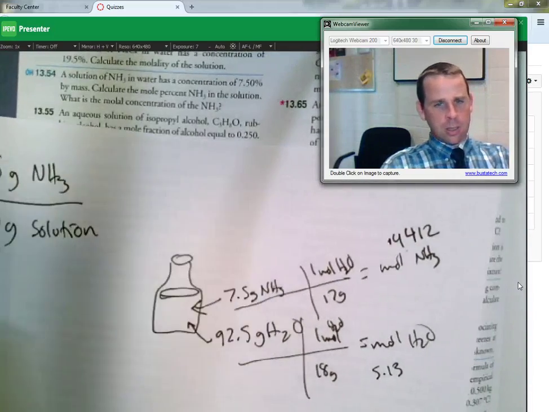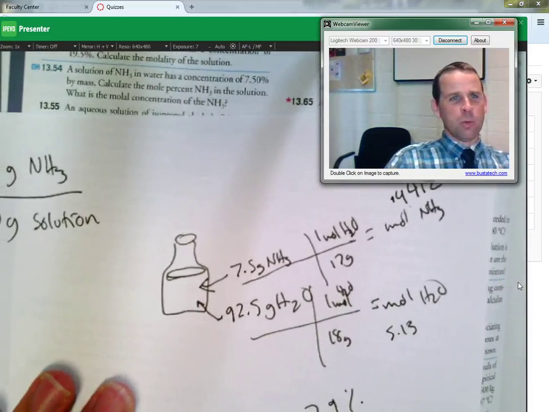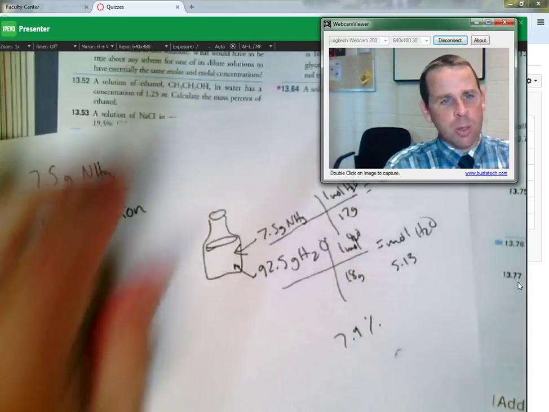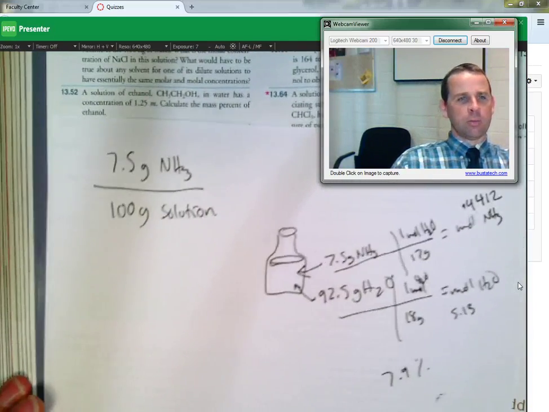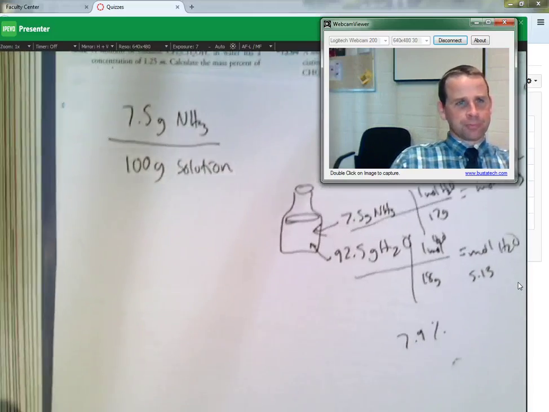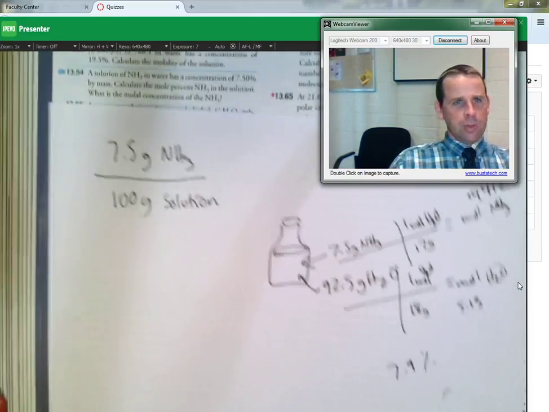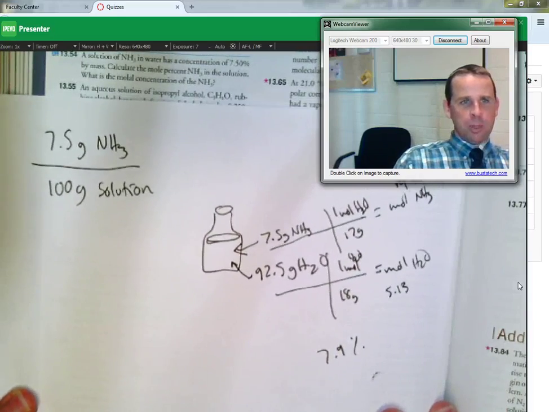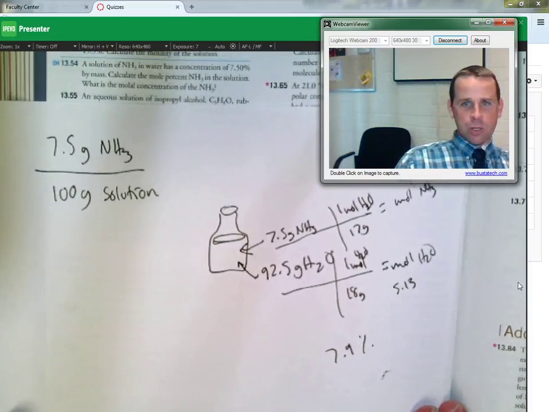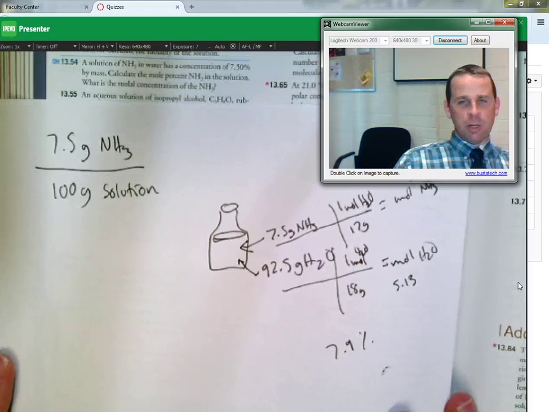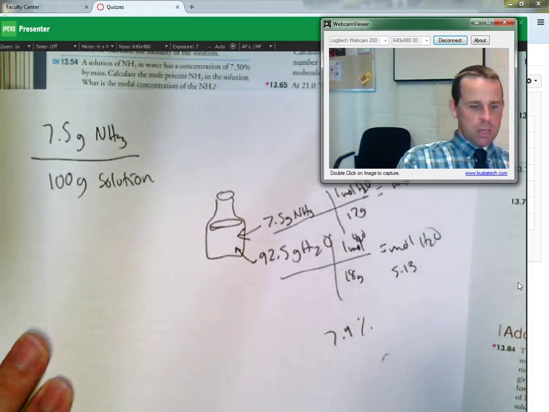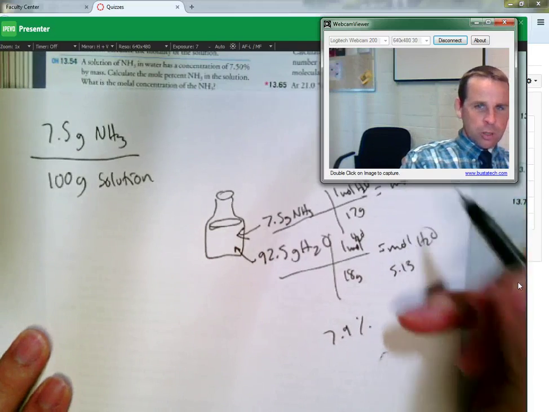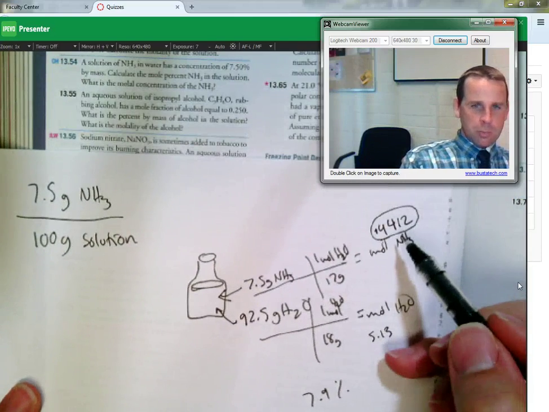And the other part of the problem, what's the molar concentration of ammonia? The molar concentration of ammonia can be found by thinking about what molar means. Molar means moles of solute for every kilogram of solvent. All right? So I know that I have 0.4412 moles of the ammonia here.